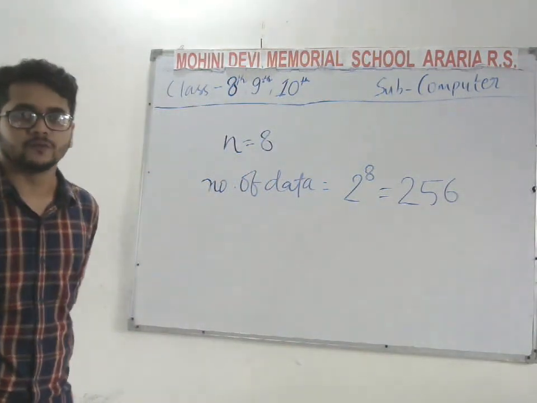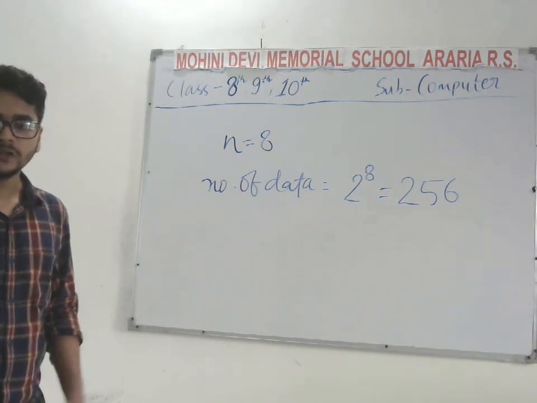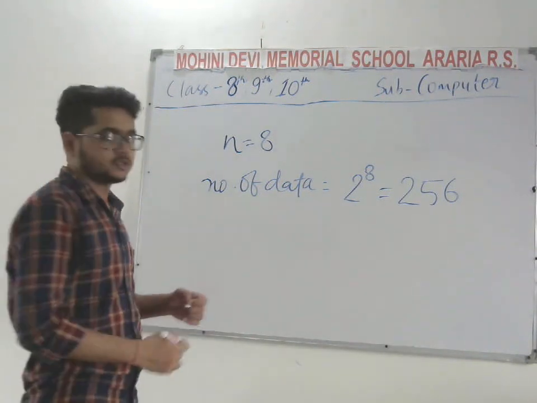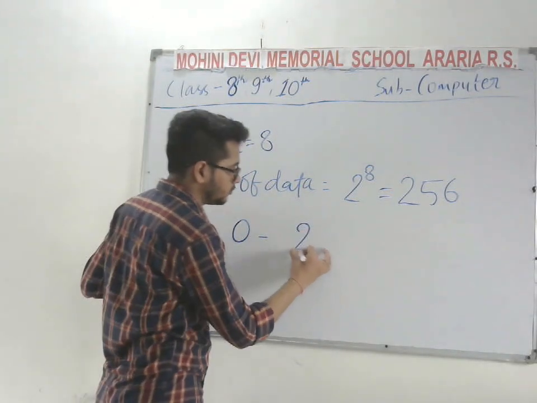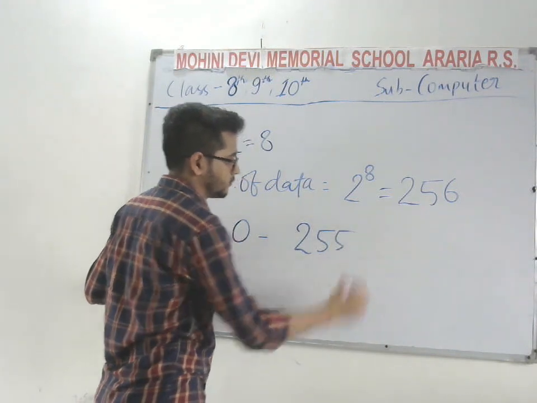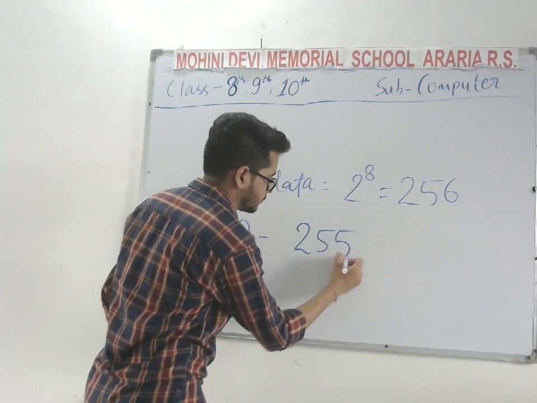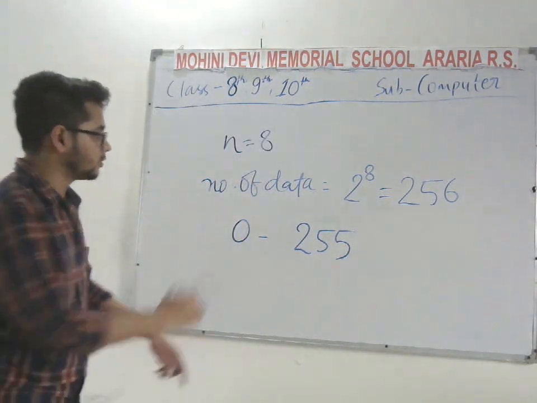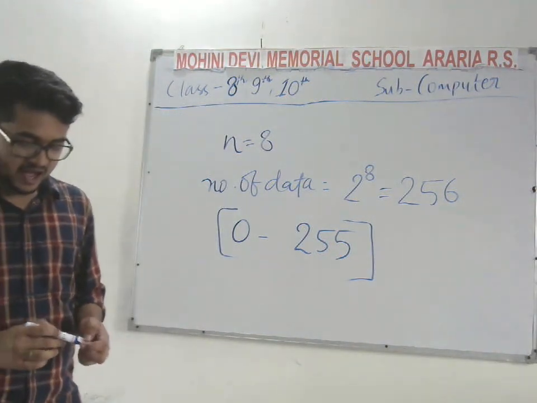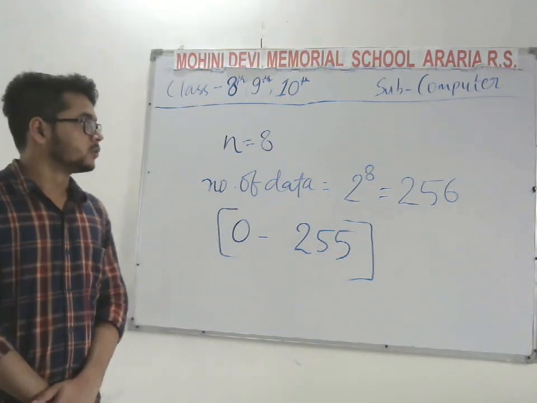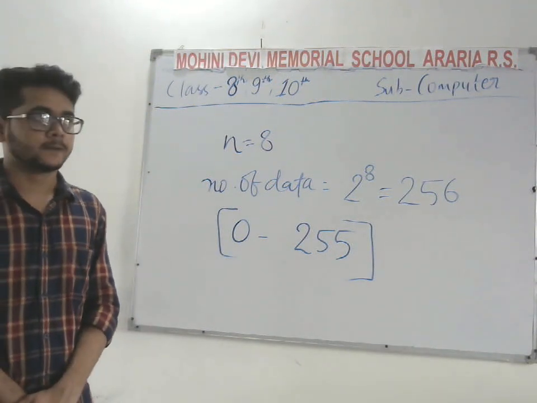So we will have 256 types of data, and the numbers we can represent will be from 0 all the way to 255. So in ASCII format, we have different types of characters represented by the numbers from 0 to 255.